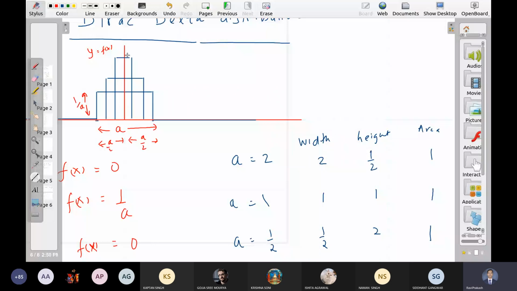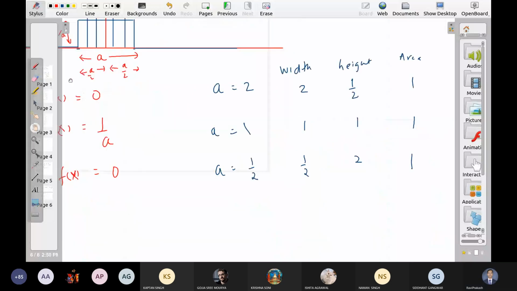Let me go to the extreme case. How much is the width? 0. How much is the height? How much is the area? 1. Area is still 1. And that's why I said, okay, so let me first complete.